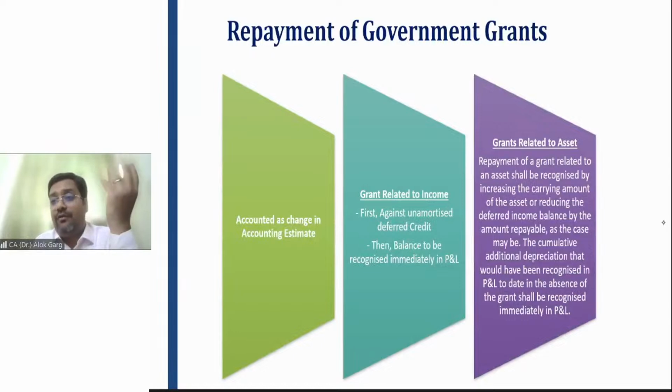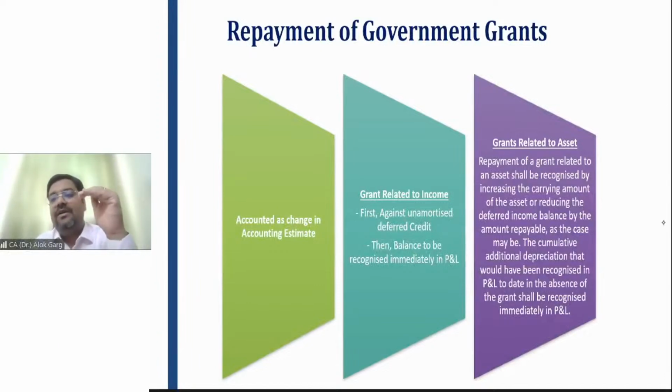If it is not for the asset, third, for example, if the company is getting a grant for the purpose of meeting the expenses, in that case, you have to recognize the government grant in the P&L.